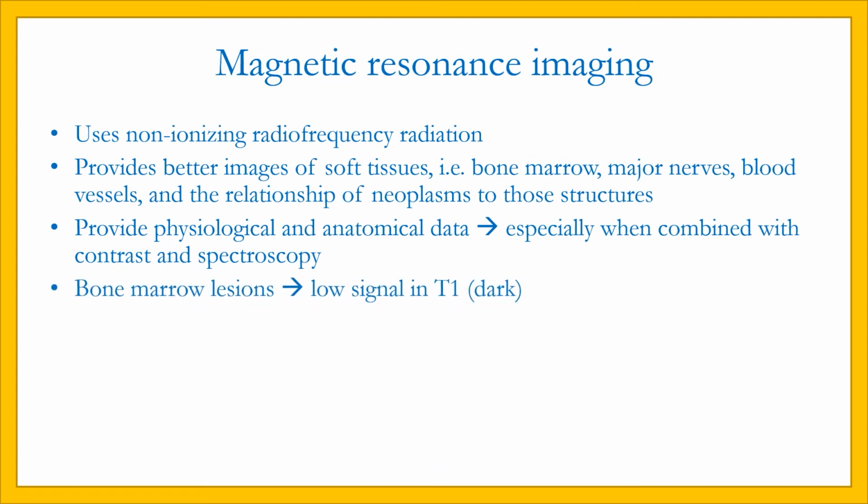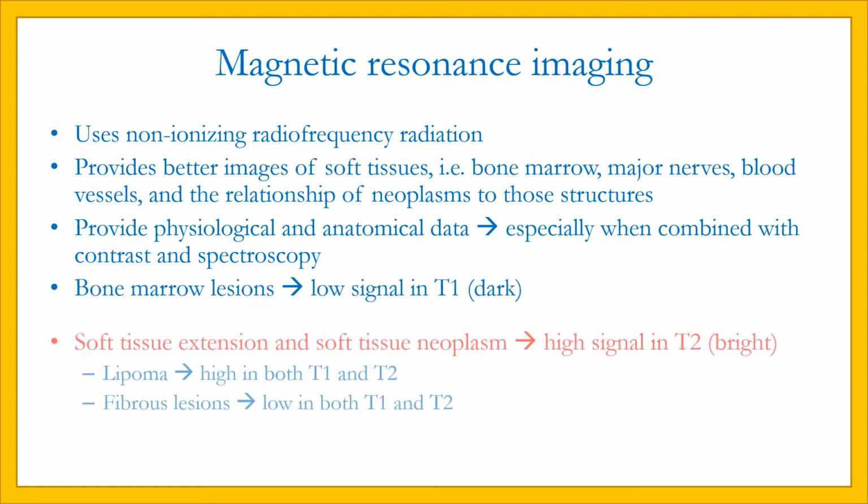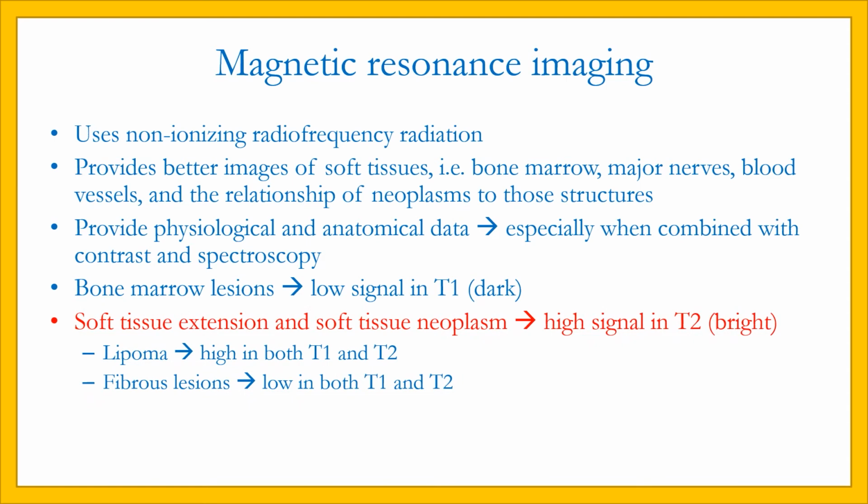Bone marrow lesions: low signal in T1 or dark. Soft tissue extension and soft tissue neoplasm: high signal in T2 or bright. Lipoma: high in both T1 and T2. Fibrous lesions: low in both T1 and T2. Especially useful in the staging.